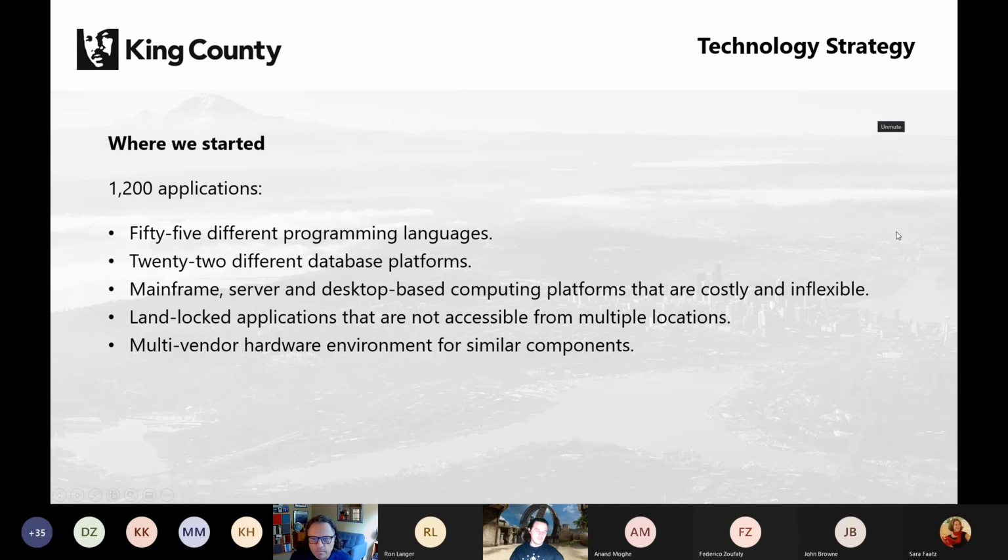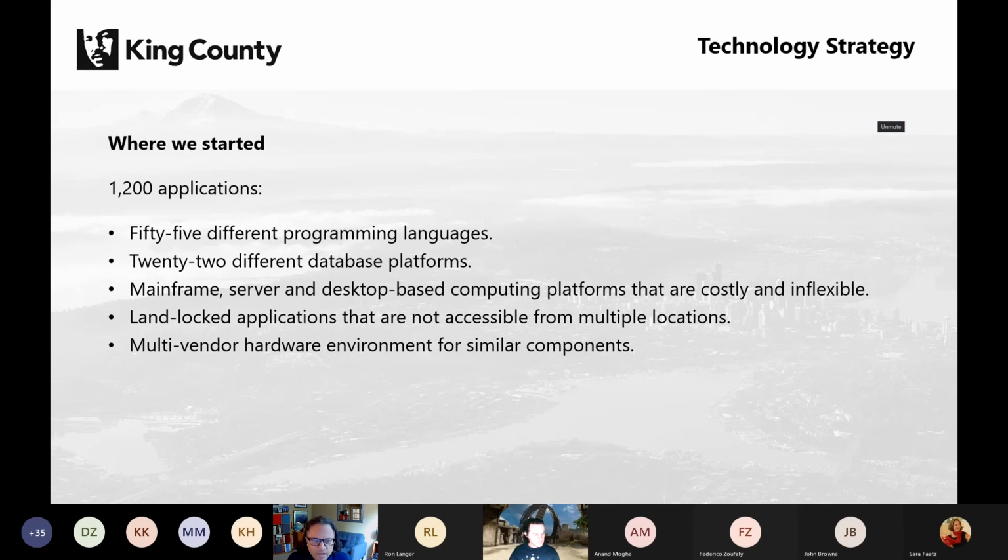Very expensive to support and maintain, very limiting in terms of what it enabled us to move into in terms of enabling business capability that didn't exist. Landlocked applications. So that's a reference back to not being able to get work done from an end user standpoint without being on the corporate network or VPN'd in.